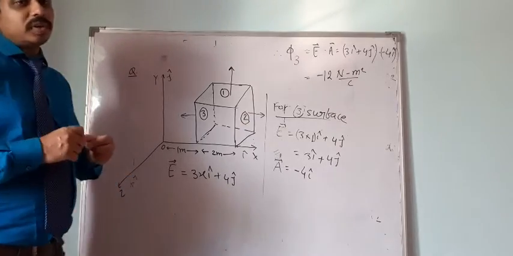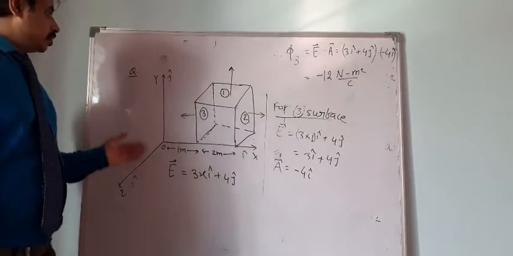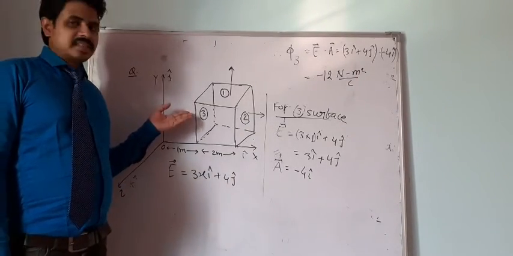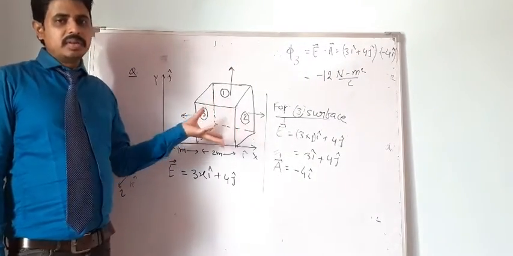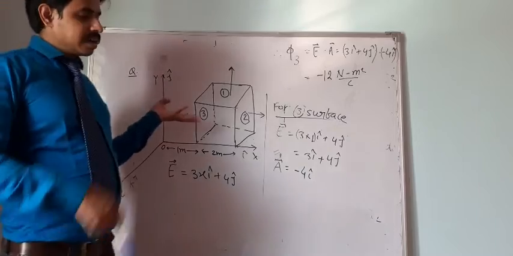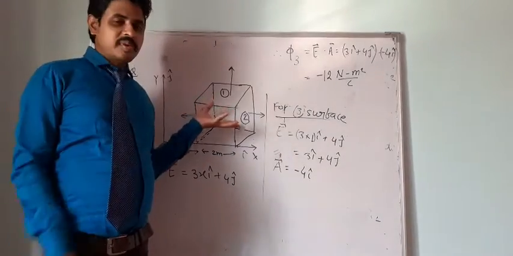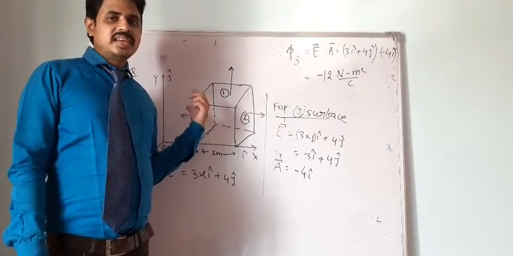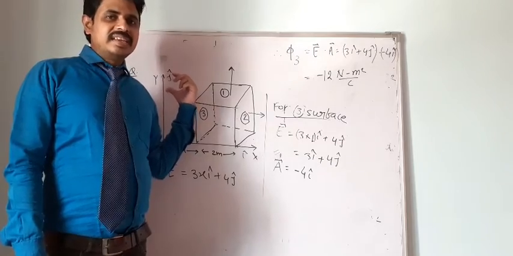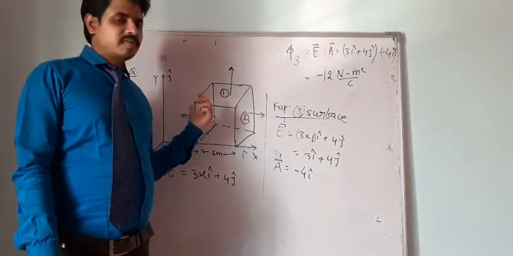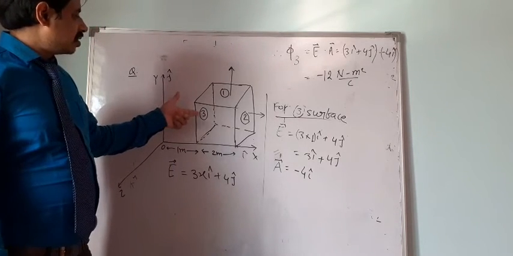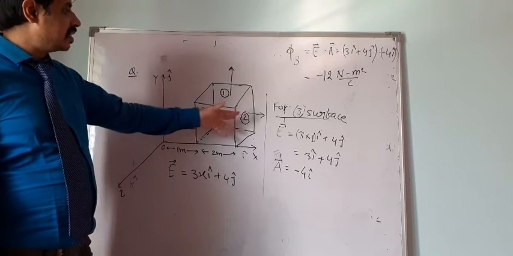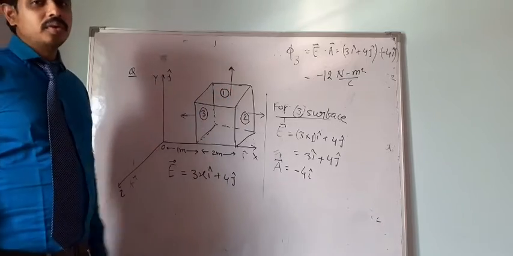So you can notice one thing: entering flux is negative and leaving flux is positive. The surface through which the electric field is exiting, the flux will be positive, and the surface through which the electric field is entering, the flux will be negative. So the field is entering at surface number 3 and exiting from these two, 1 and 2.